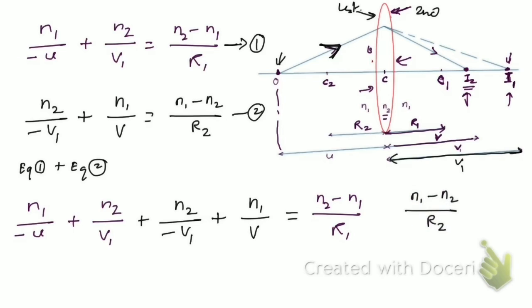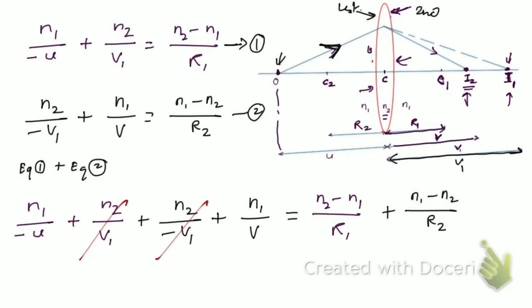Okay, so now you see here, this is negative and this is positive. So these two will be cancelled, right? Because this is minus, this is plus, so they cancel. So these two terms will be cancelled.